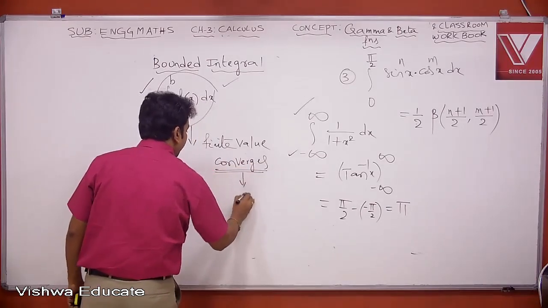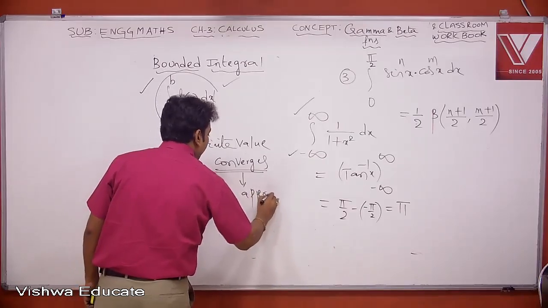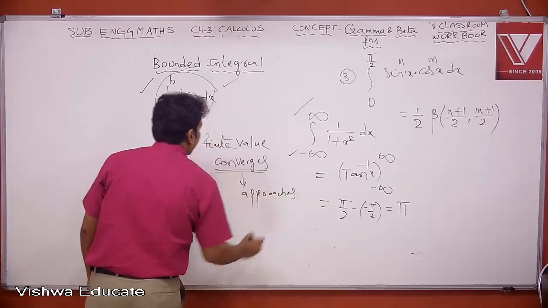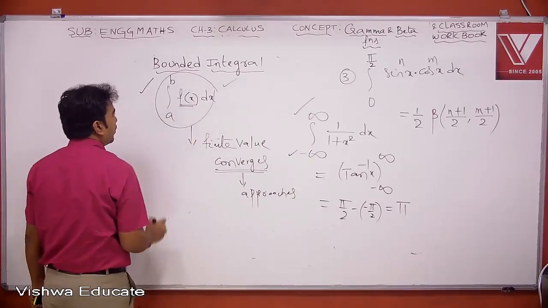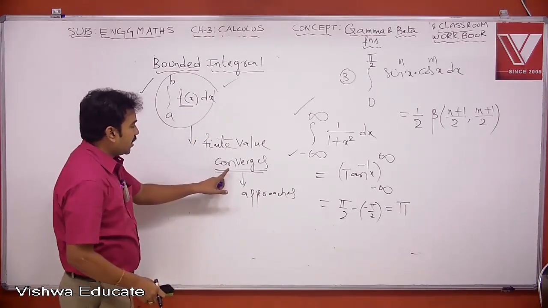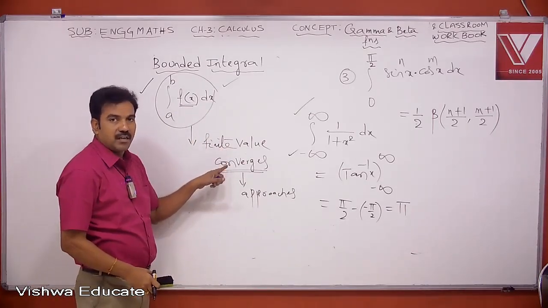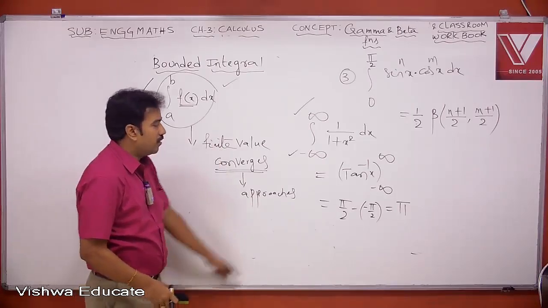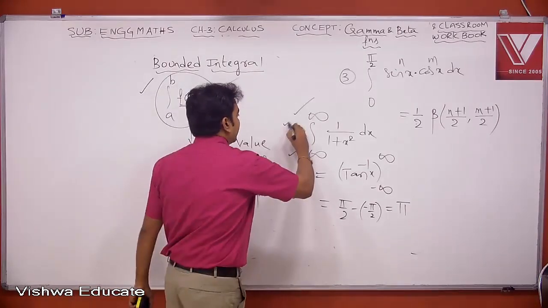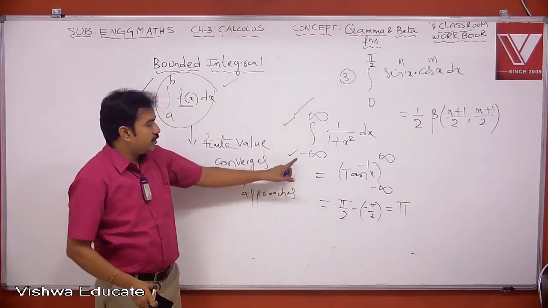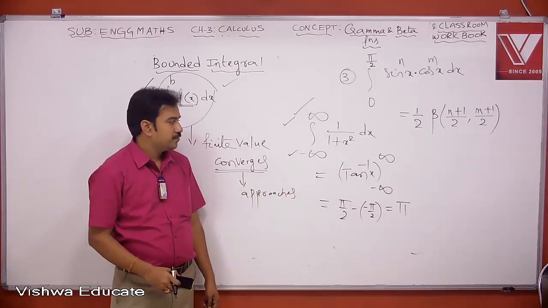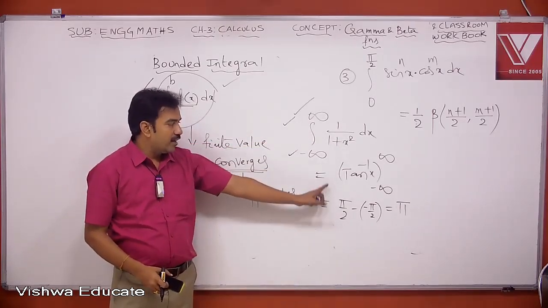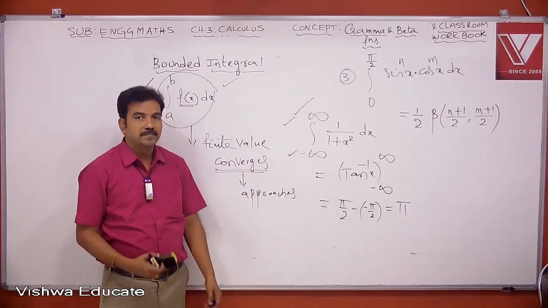Converges means approaches. So an integral a to b f of x dx is said to be bounded if it converges to a finite value. Note this example: integral minus infinity to plus infinity 1 by 1 plus x squared dx. When you evaluate this, we get pi.